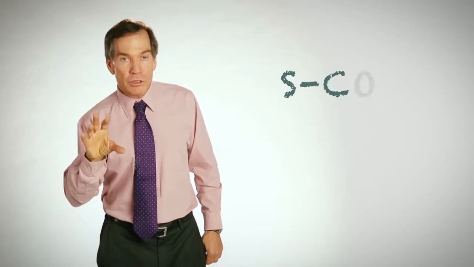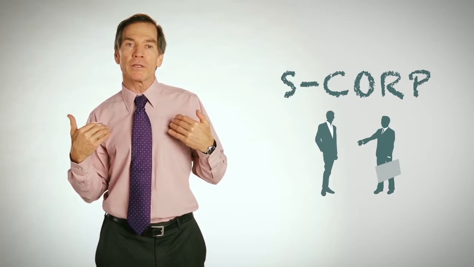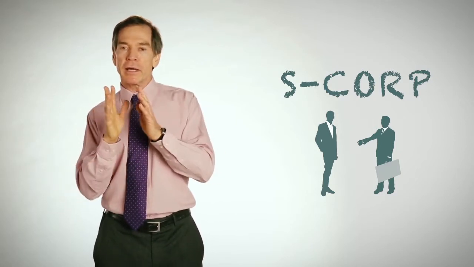Finally, the last entity that you could use is called an S corporation. It's a corporation, but it elects to be treated as a pass-through for tax purposes, and it has therefore the one level of tax benefit of the partnership and LLC. It has limited liability like an entity. The downside of an S corporation, however, is that it has to be only common shares.